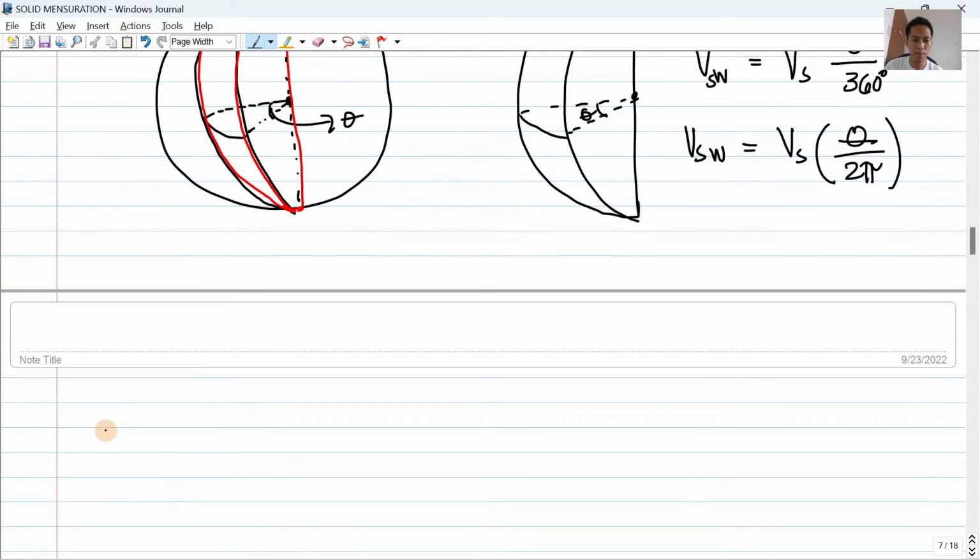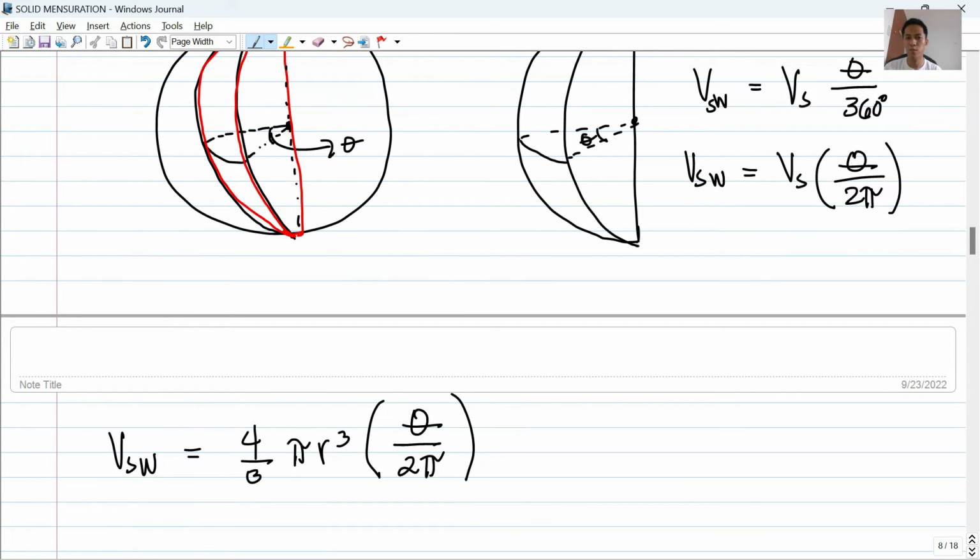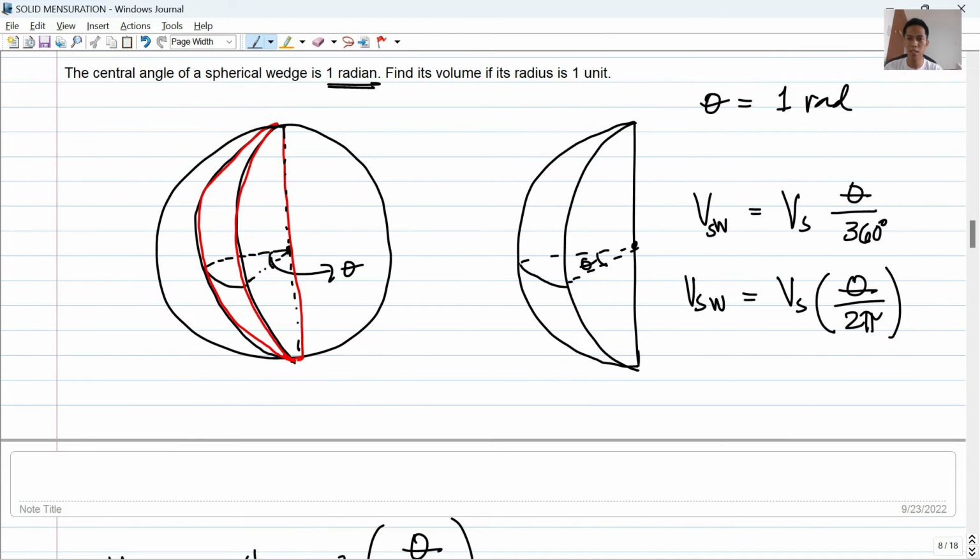So, gagawin lang natin, volume of the spherical wedge is equal to volume of the sphere, which is 4/3 pi r cube. We have derived this from our previous video sa part 1. And that is, proportion natin is theta over 2 pi. Again, guys, I'm not actually using a formula here, no? This is not a formula, but this is from the analysis in the problem.